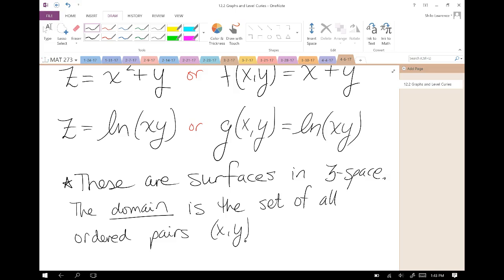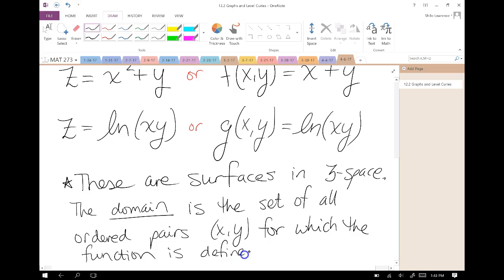So the domain's not a single set of numbers, it's actually 2 sets of numbers that go together. So we represent them as ordered pairs. So the domain is the set of all ordered pairs x, y for which the function is defined.